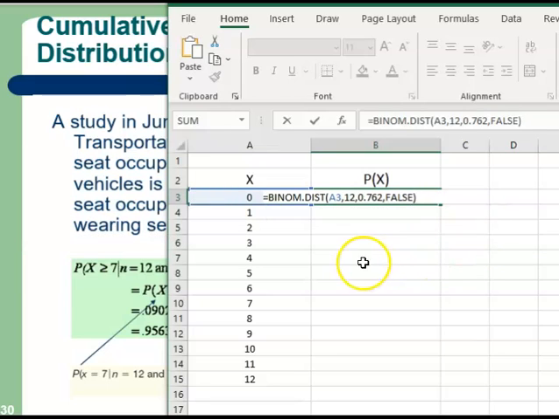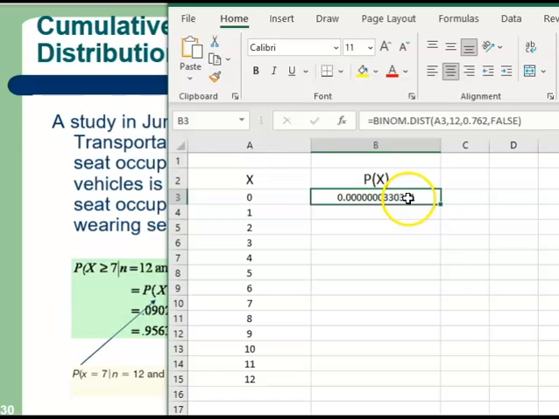It's just for exact 0, the probability of none of those people using seatbelt. No one uses seatbelt in 12 trials with the probability of seatbelt use being 76.2%. That's exact just for 0. It's not between two values. We just want the value of 0.